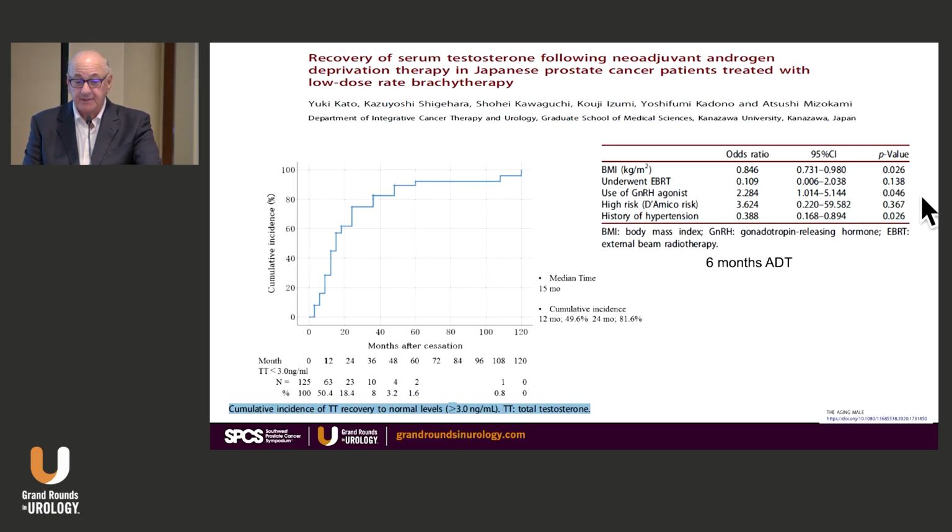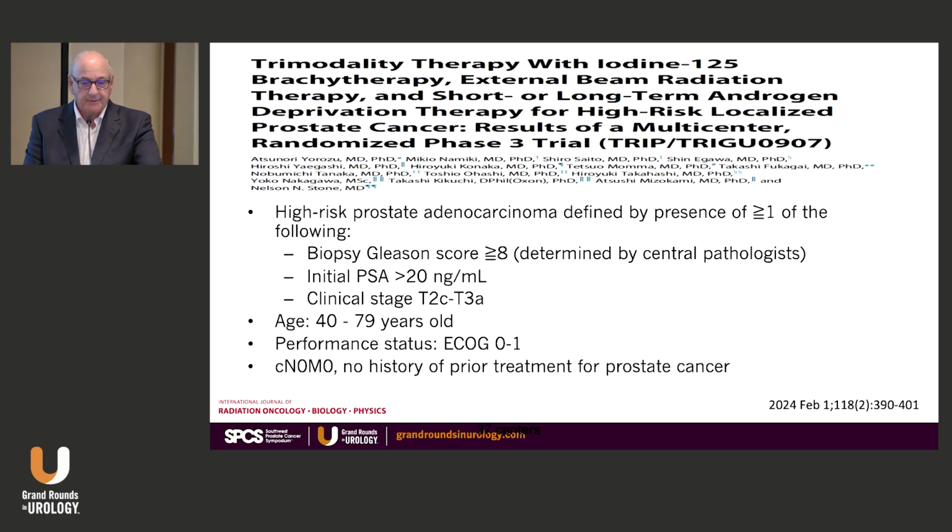That's the first time I've seen that. The BMI. So now you're starting to see data similar to diabetes, I think, that men with high BMI are less likely to recover their testosterone. So it's another variable. Sir, you've got a BMI of greater than 30. Your likelihood of recovering your testosterone after ADT is going to be compromised.